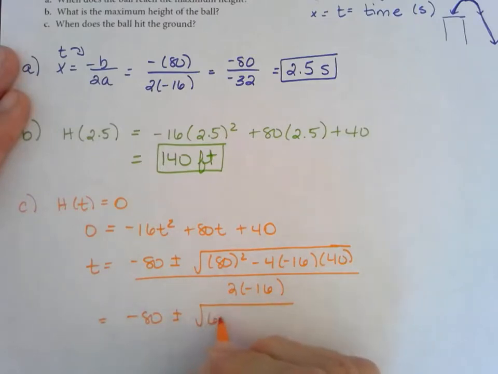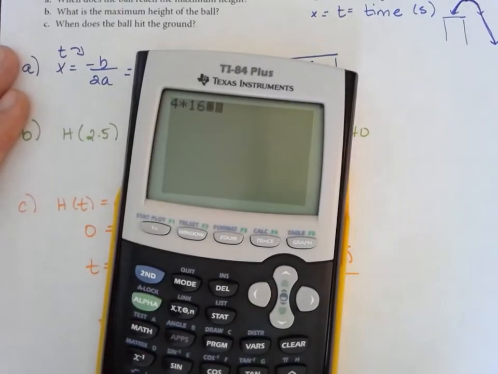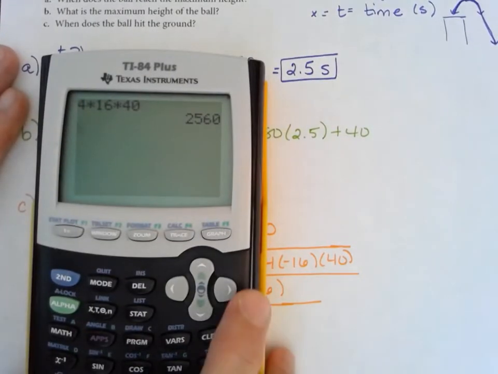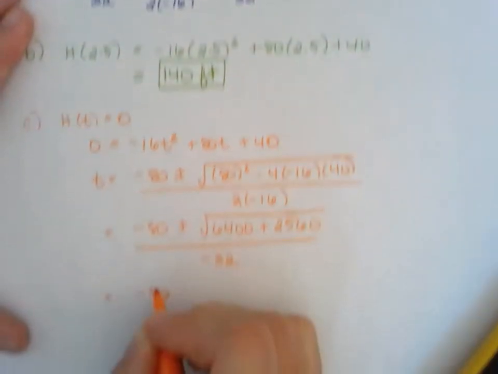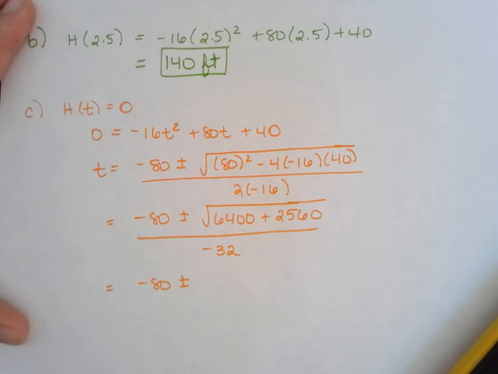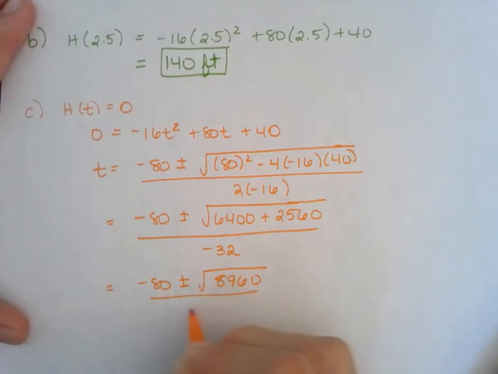So we have negative 80 plus or minus the square root of 80 squared. Negative times negative is a positive. 4 times 16 times 40 is 2,560. So we end up with the square root of 8,960 over negative 32.